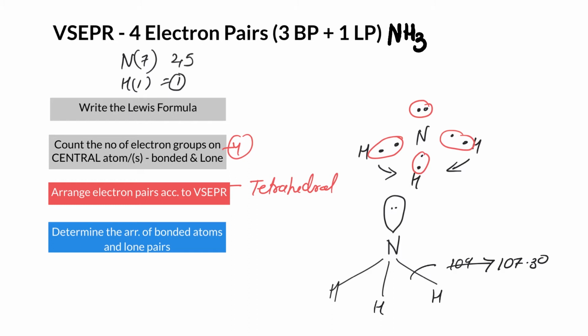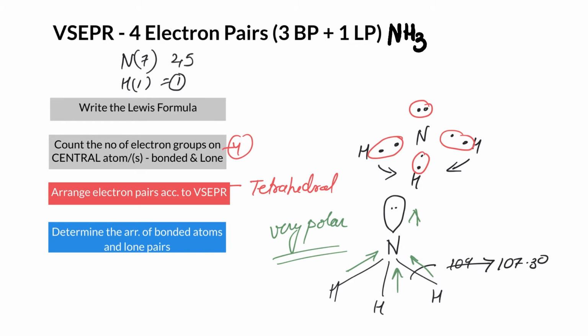Now let's talk about polarity, because an important part of molecular geometry is polarity. Now we know that this nitrogen is more electronegative, right? I'm not going to write the electronegativity here, because it's something you can get from the periodic table. And then again the electron cloud is here. So what you see is it's a very polar molecule because of its geometry.